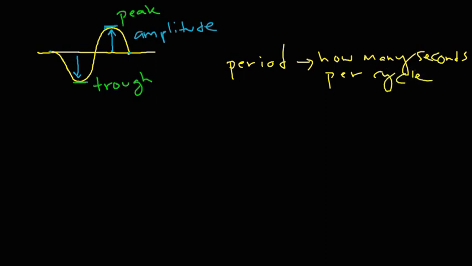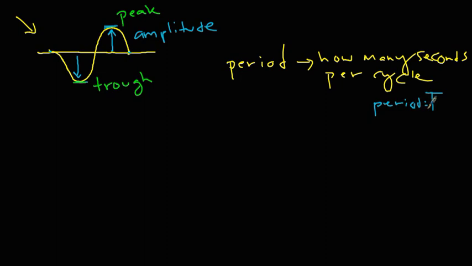I said that this wave over here is basically one cycle because it's going from that starting point back, through the trough, through the peak, and then back to the beginning. So how long does that take? How many seconds per cycle? That's period, and this is noted with the symbol T. So period will be seen as T.